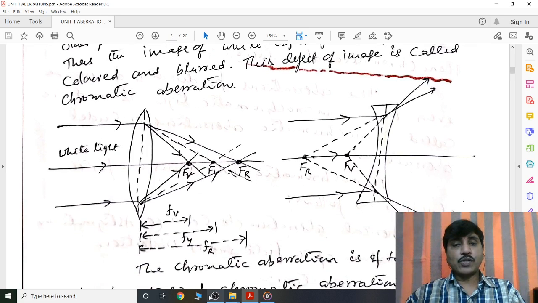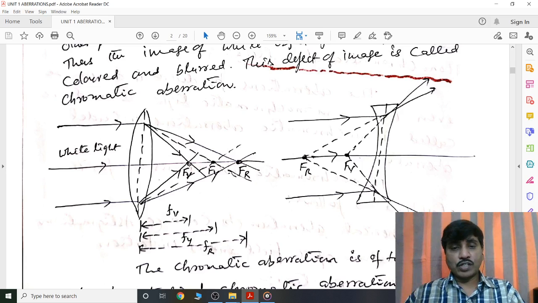The chromatic aberration in case of convex lens and concave lens is shown in the figure. The diagram here shows the concave lens and convex lens. When a parallel beam of white rays is incident on a convex lens, after refraction, the light rays are split up into 7 colors: violet to red.